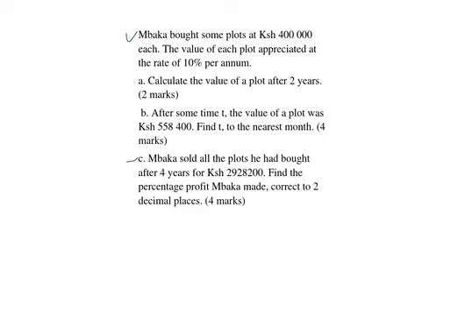Part C. Mbaka sold all the plots he had bought after 4 years for 2,928,200. Find the percentage profit Mbaka made, correct to 2 decimal places. So we have the selling price, which is 2,928,200.